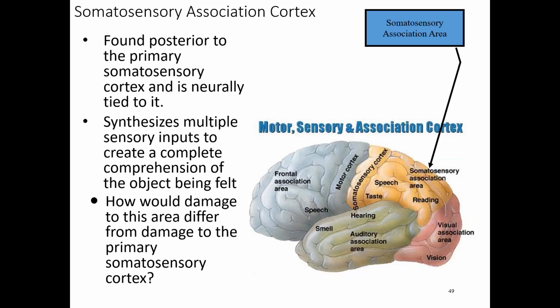If the somatosensory cortex is damaged, you aren't going to be able to receive the information because it's not getting there. If the cortex is damaged, then you can't associate it. You're probably not aware of the sensation.